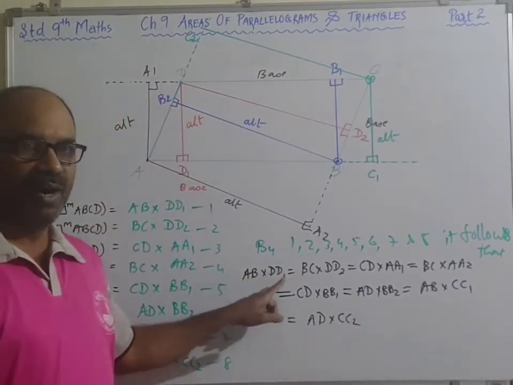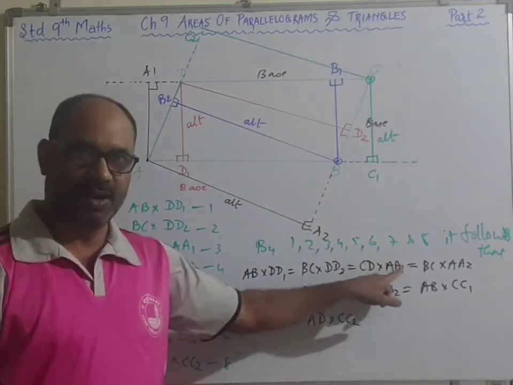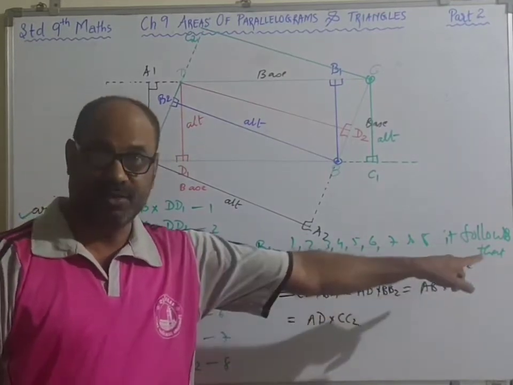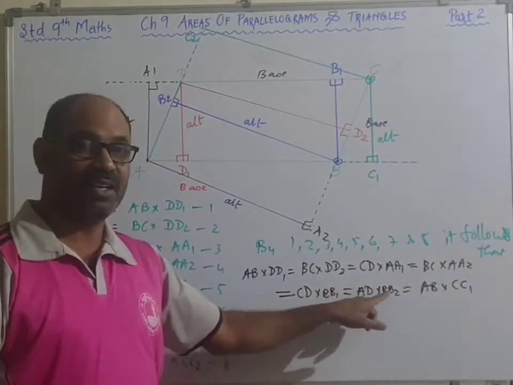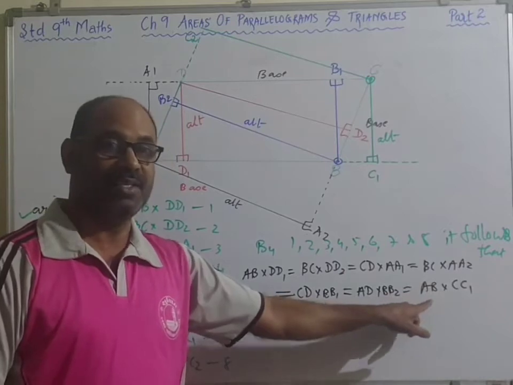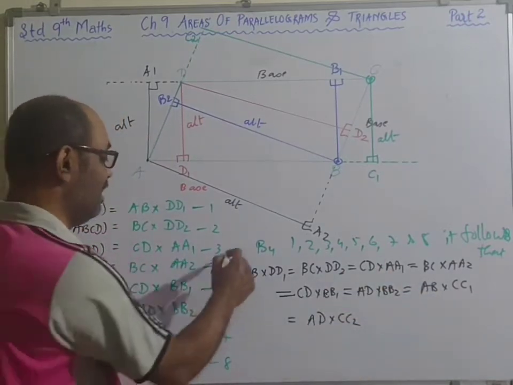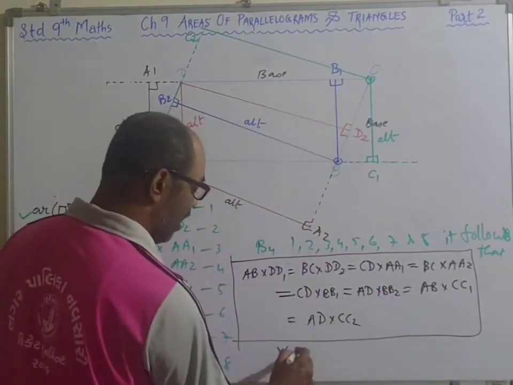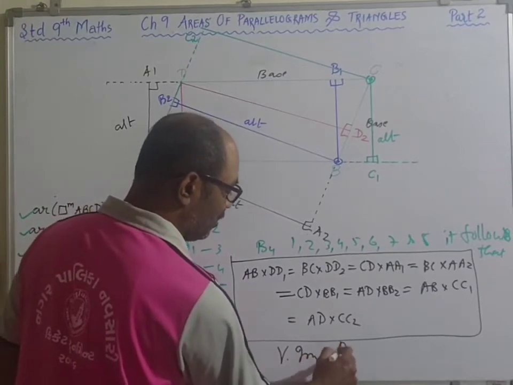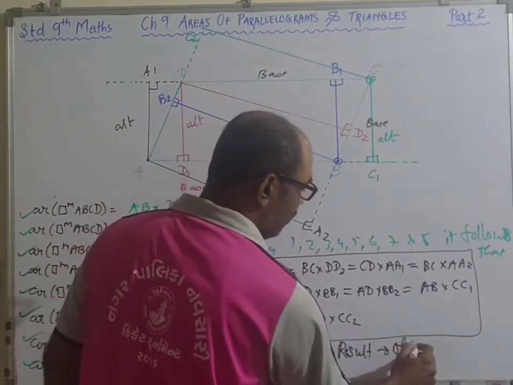So base into altitude 1 is equal to base into altitude 2 is equal to base into altitude 3 is equal to base into altitude 4 is equal to base into altitude 5 is equal to base into altitude 6 is equal to base into altitude 7 is equal to base into altitude 8. Children, once again I remind you, this is a very important result for objective questions.